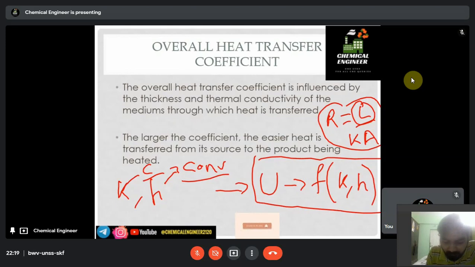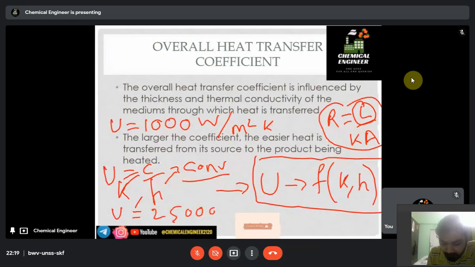The more the value of the heat transfer coefficient, the more easily the heat is transferred through the material. Suppose the heat transfer coefficient of water is 1000 watt per meter square Kelvin, and another quantity has a U value equal to 2500 watt per meter square Kelvin.